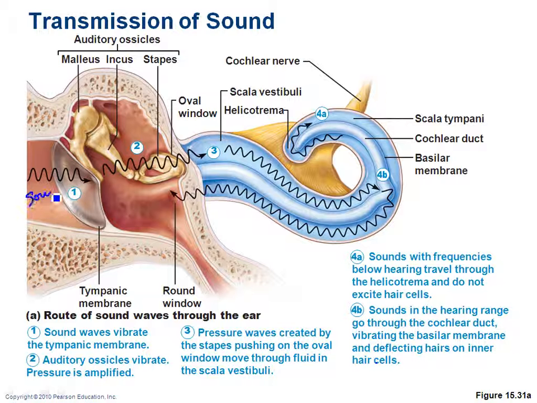So sound travels through the auditory canal. It vibrates the tympanic membrane, which causes the ossicles to vibrate, which then causes the fluid in the cochlea to vibrate. What's in this long tube-like structure? That's the spiral organ. And that spiral organ is going to have those supporting cells, and it's also going to have the hair cells with the little stereocilia.